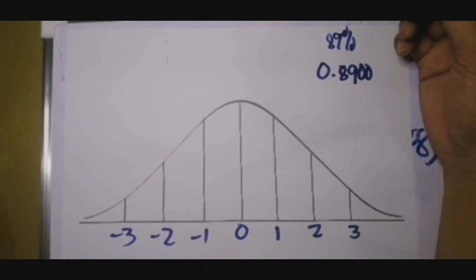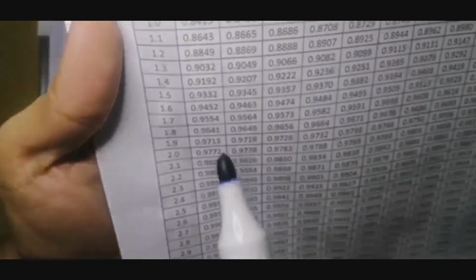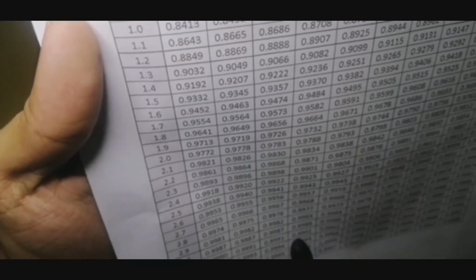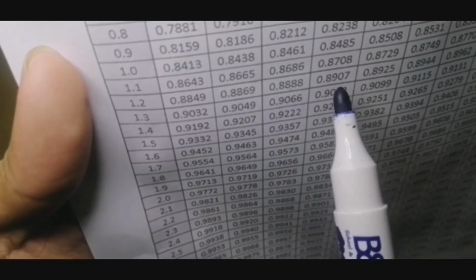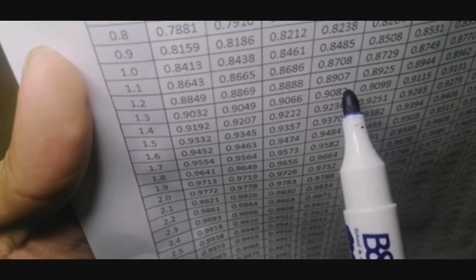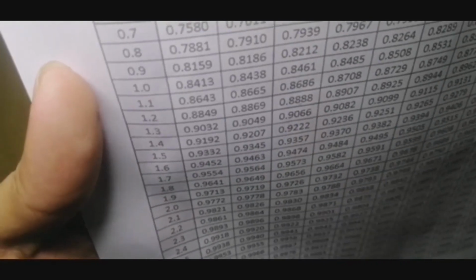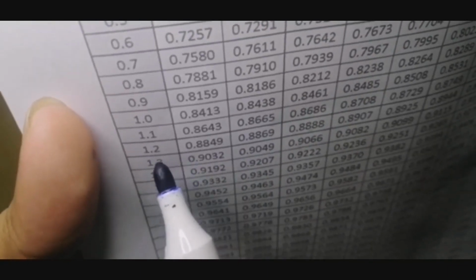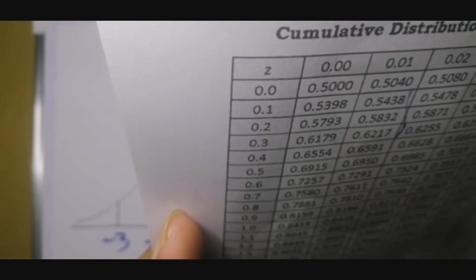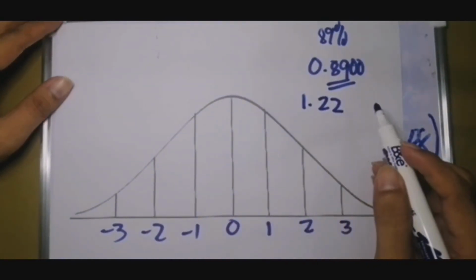Now, using the z table, we locate where 0.8900 is. Looking at the table, there is no exact 0.8900. It is just between 0.8888 and 0.8907. It is closer to 0.8888. Therefore the z-score is 1.22 according to the z table.